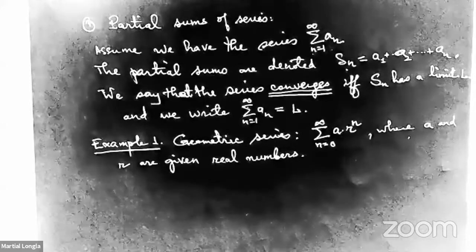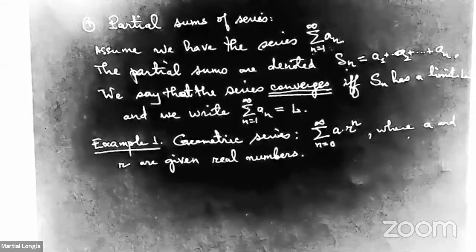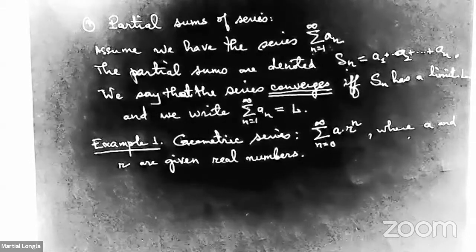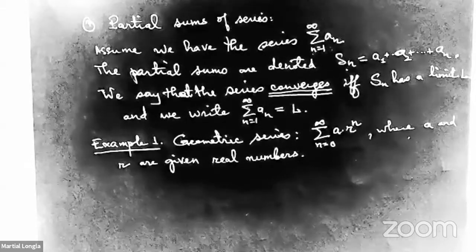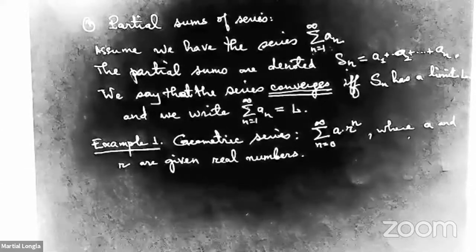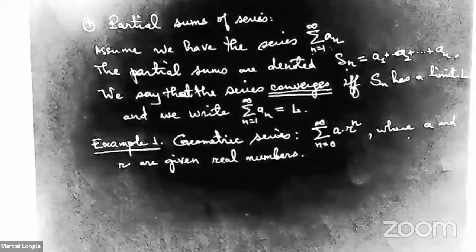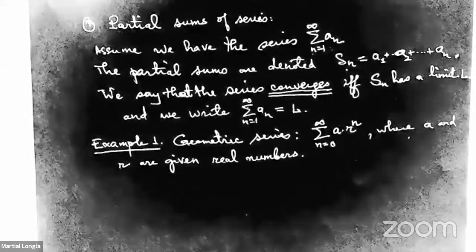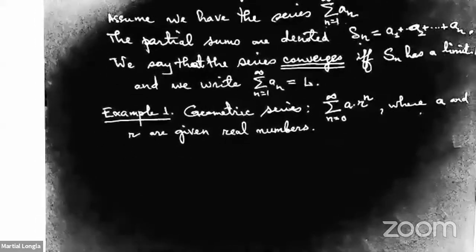For this series, we will write down what S_n is equal to, and we will find the limit of S_n. And we will give a general rule so that when you see such a series, you can just decide that it converges without having to work it out.